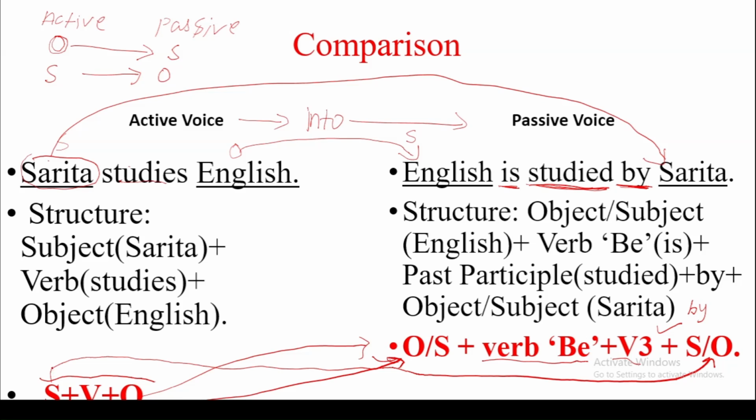The structure of an active sentence is SVO, and the structure of a passive sentence is object as subject plus verb be plus V3 plus by plus subject as object. So this is the structure of the passive sentence.